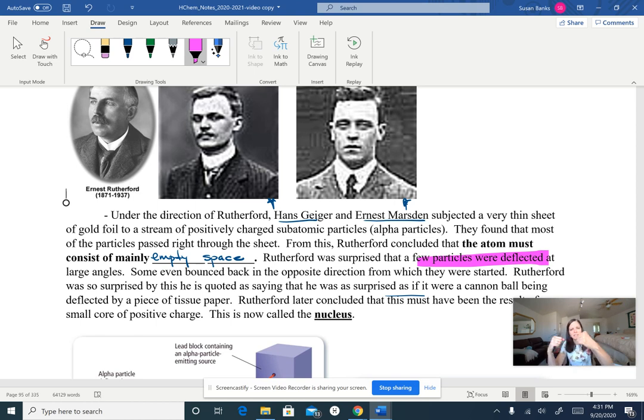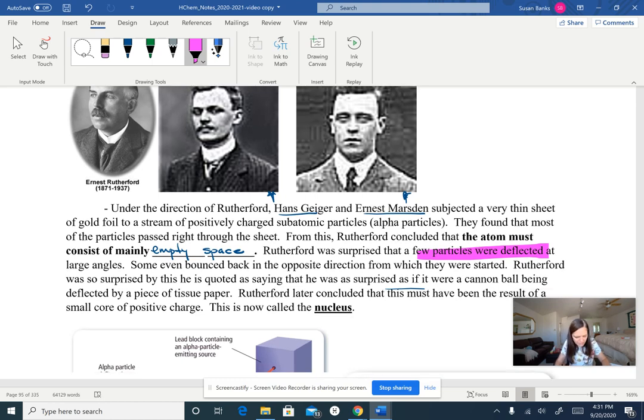If you have a positive and a positive with magnets, they're going to deflect each other and ricochet. And that's what Rutherford was thinking. He's like, well, I've obviously got something that's very heavy, very dense, and positively charged to get this ricochet effect going on.